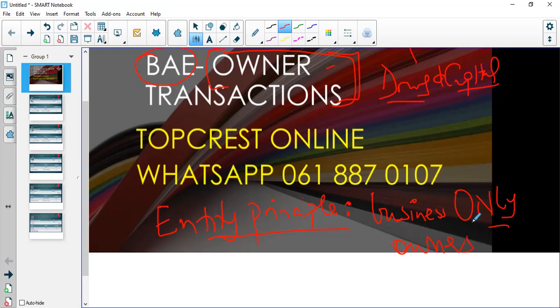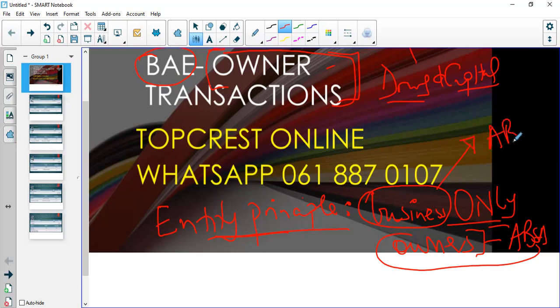If I can give you a quick guideline, the owner of the company can go and borrow money from ABSA. But according to the entity principle, we're not going to record that transaction because it's the owner that went to borrow. The business did not go to borrow. We only record that transaction if it was the business that went to borrow that money from ABSA.